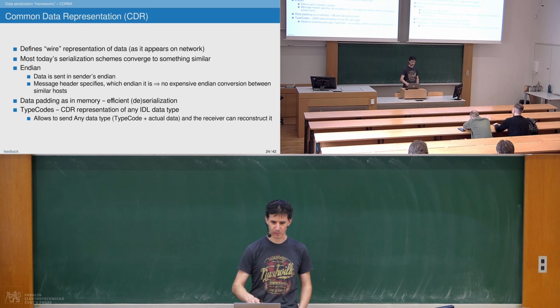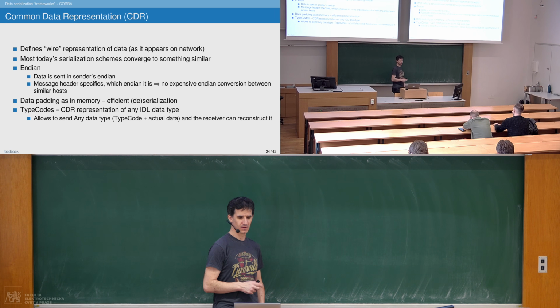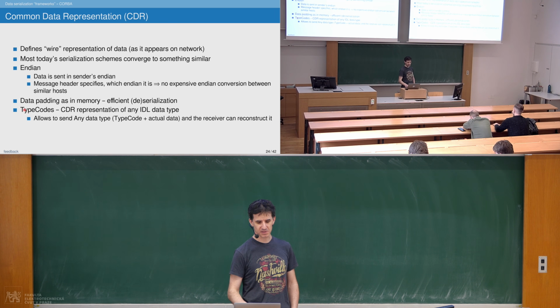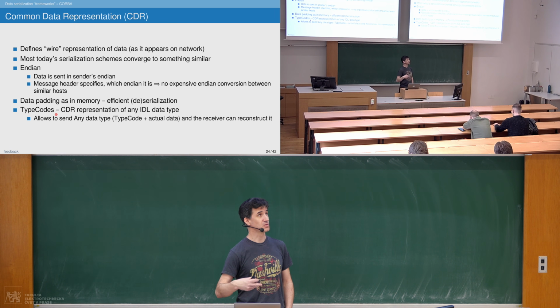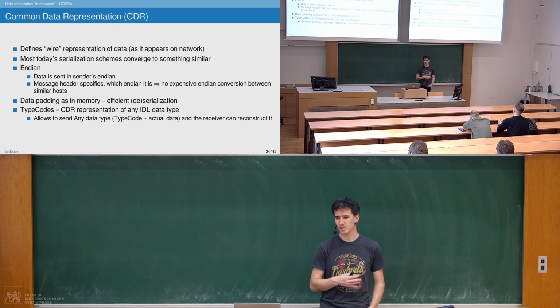Another feature supported by Corba and also by some of today's systems. In Corba it was called type codes, which was a data structure describing the structure of data to be sent.